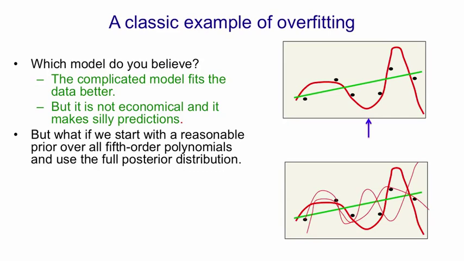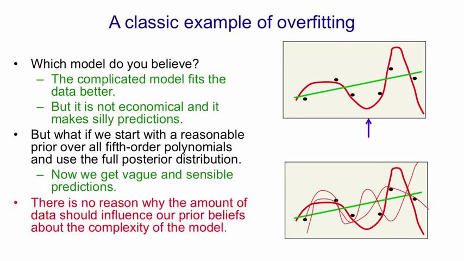So you'll see some of those thin curves miss a few of the data points by quite a lot, but nevertheless they're quite close to most of the data points. Now we get much vaguer but much more sensible predictions. So where the blue arrow is, you'll see the different models predict very different things, and on average they make a prediction quite close to the prediction made by the green line.